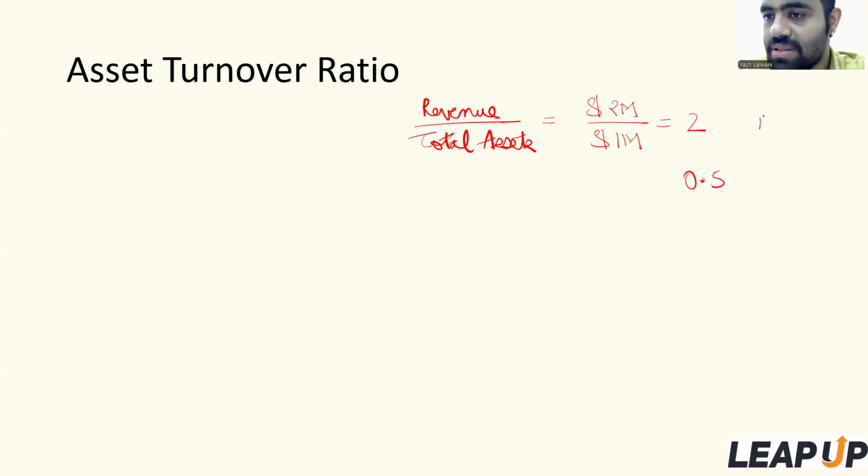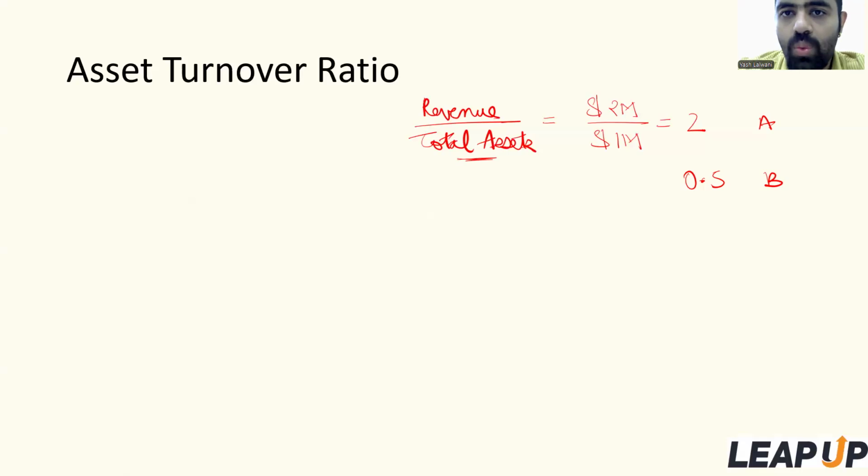So if I consider this to be business A and this to be B, we can see that business A is performing relatively better. It is able to efficiently utilize its assets as compared to B. For B, we can say that too much capital is being tied up in B's total assets and it is not able to efficiently utilize the total assets that it has.